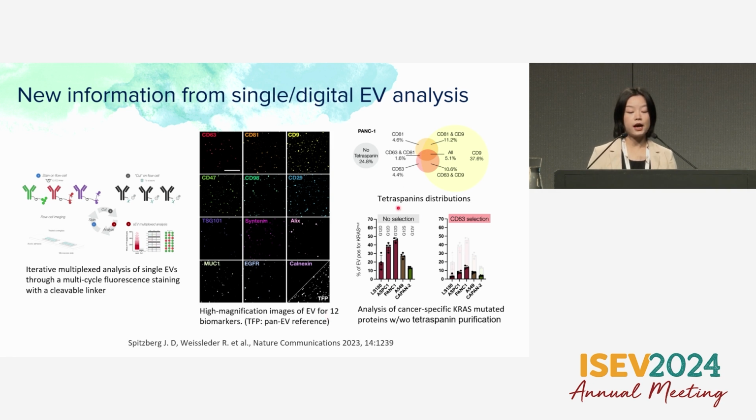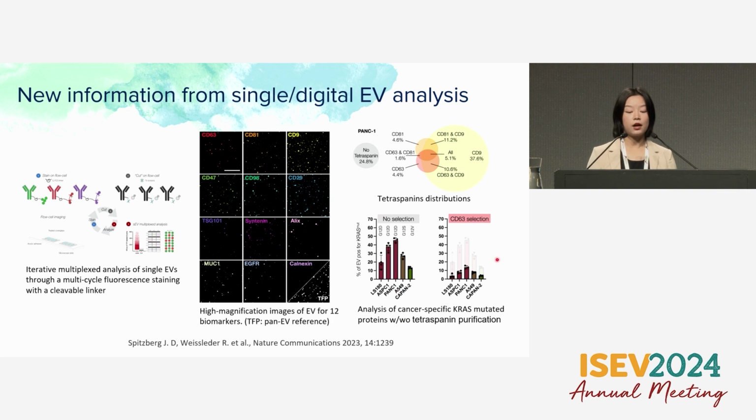And the result from the single EV analysis shows that some commonly used biomarkers actually have less prevalence than we expected, such as the tetraspanins, which are absent in some of the single EVs that they analyzed.